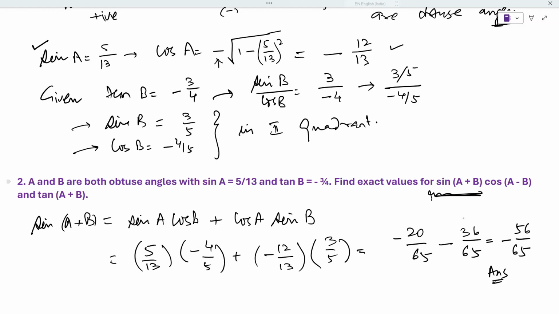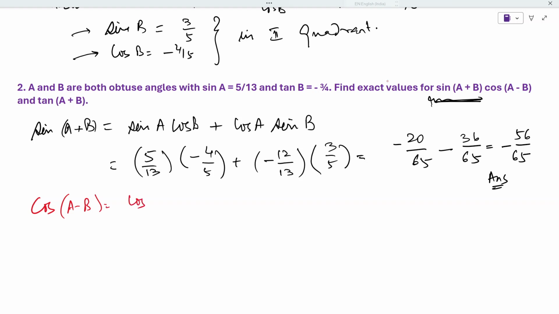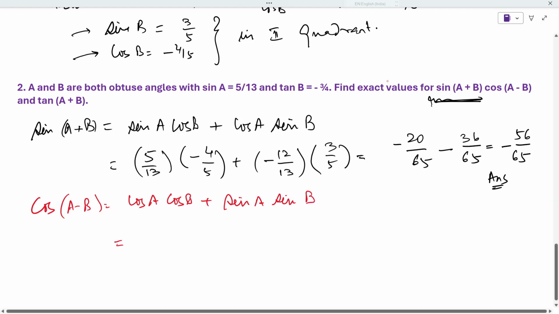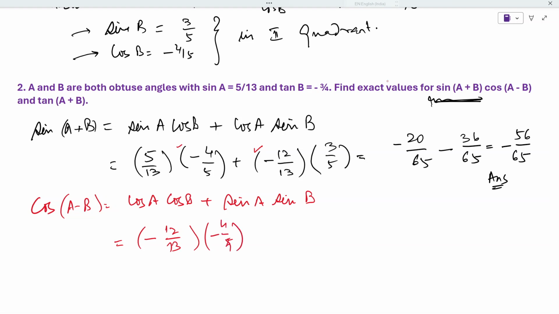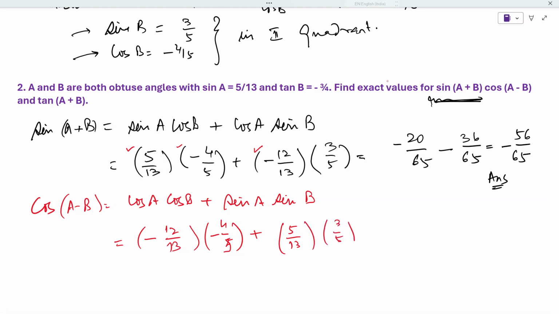Next we have to find out cos(A − B). So cos(A − B) is equal to cos A cos B plus sin A sin B. So cos A is minus 12 upon 13, cos B is minus 4 upon 5, sin A is 5 upon 13 and sin B is 3 upon 5.